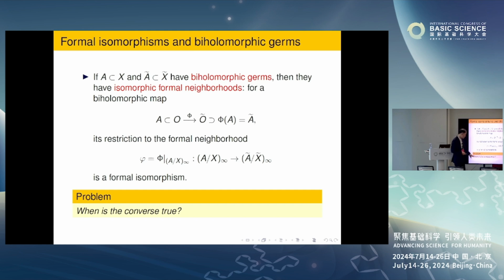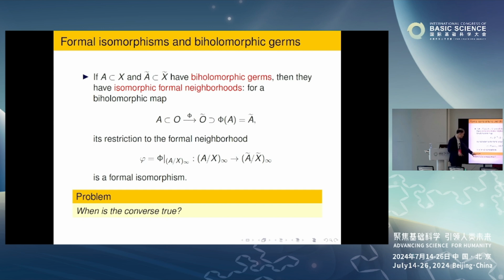So this problem is interesting because the biholomorphic germ problem is uncalculable, but this formal isomorphism problem is calculable, at least up to any order; countably many conditions is a calculable condition.